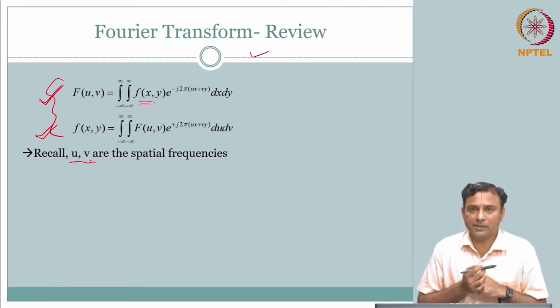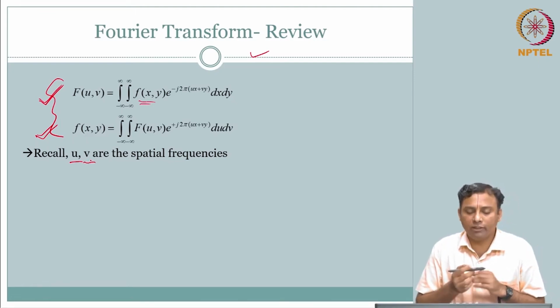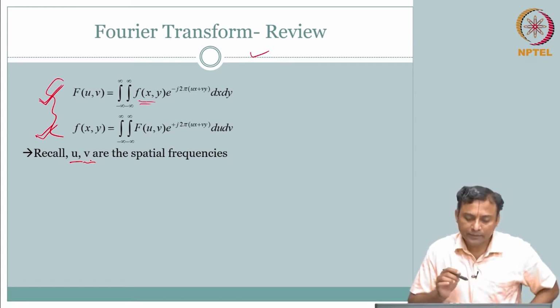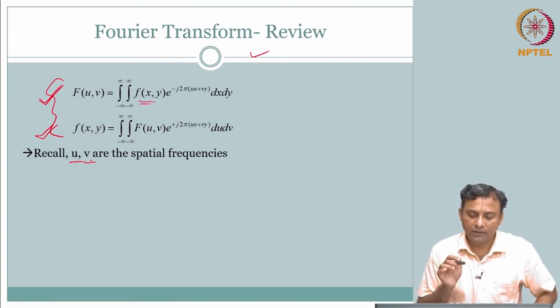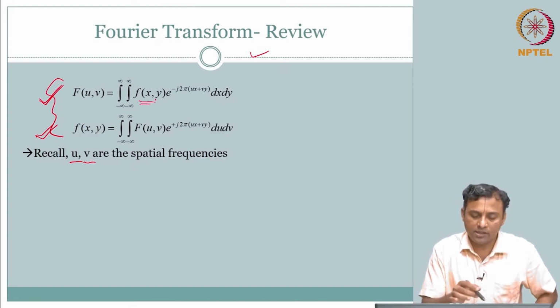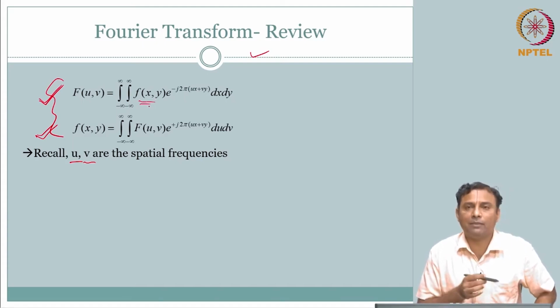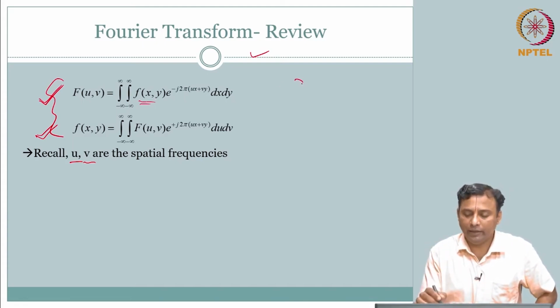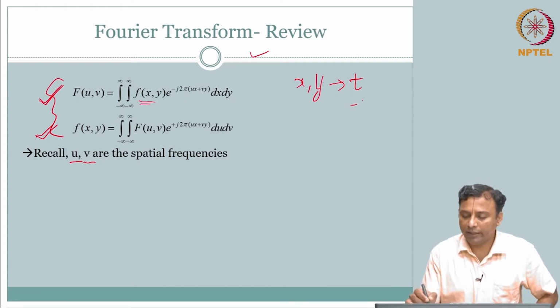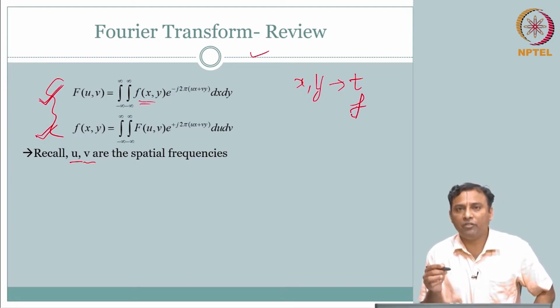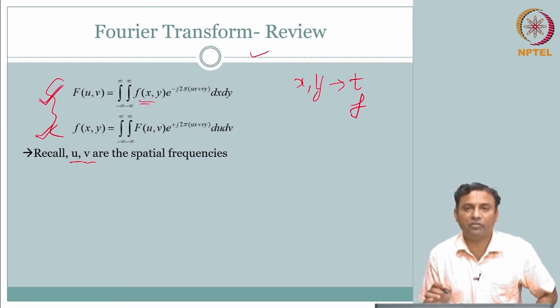Of course, u and v are the spatial frequencies. Before we jump in and interpret, just for you to feel convinced that this is a direct extension: x comma y was your t, and u and v are your spatial frequencies, which was f, or 2 pi f would be your omega, whichever way you are familiar with.